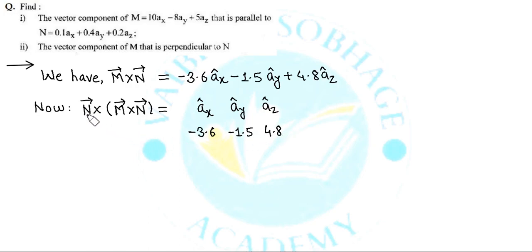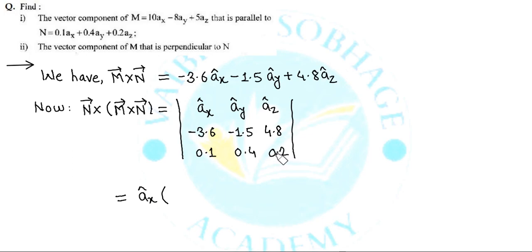Now what are the magnitudes for vector n? 0.1, then 0.4, and 0.2. Now we are going to simplify that determinant.